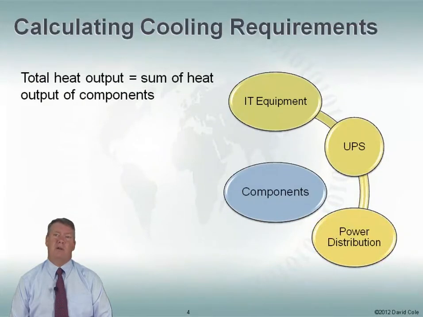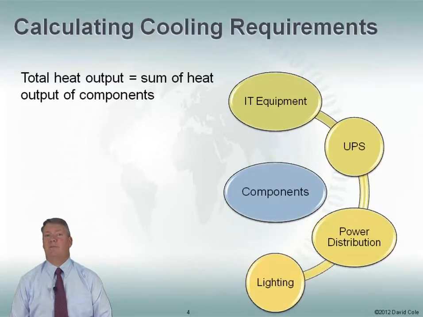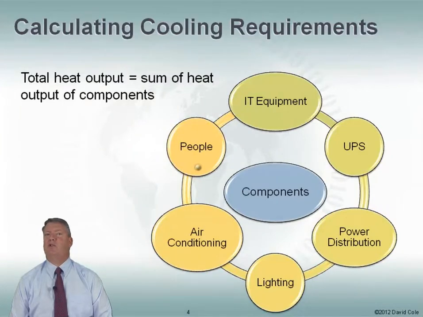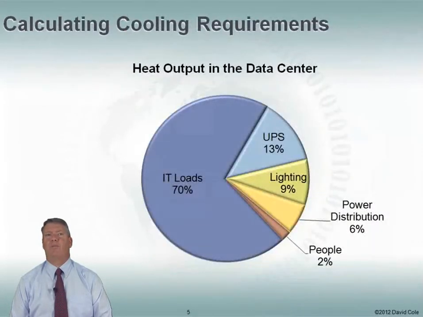Power distribution, so my PDUs and losses in my power distribution, are going to generate some heat. Lighting generates heat inside of the data center. Just running the air conditioner, so my cooling itself, generates some heat. And then I've got people inside my data center who also generate some heat. So those are the things we're going to look at when we're trying to figure out how much total cooling I need in this data center.